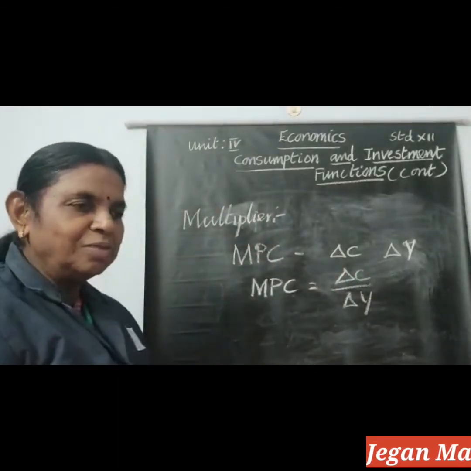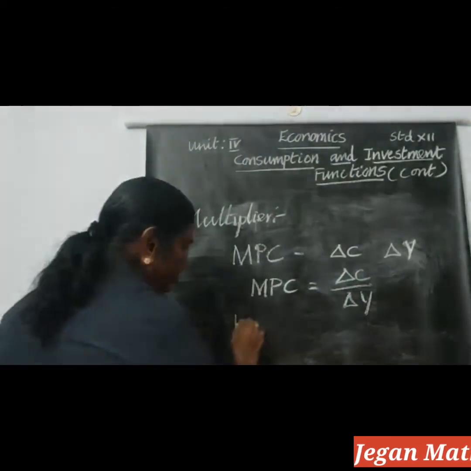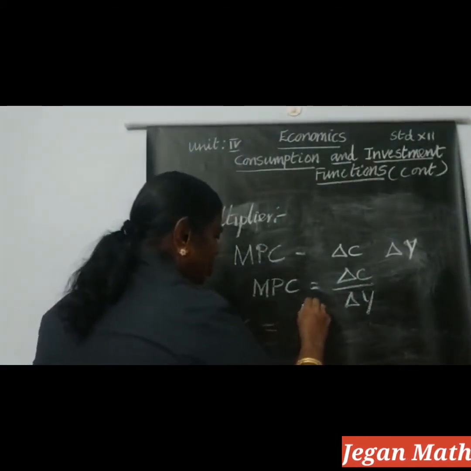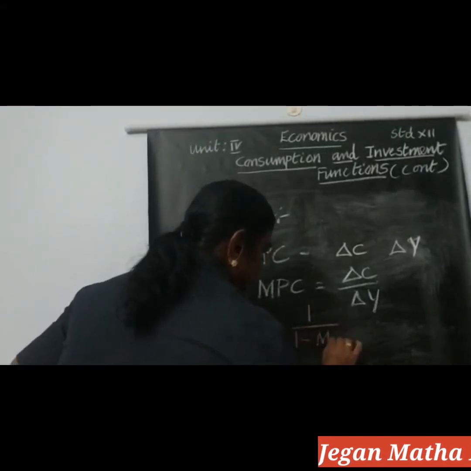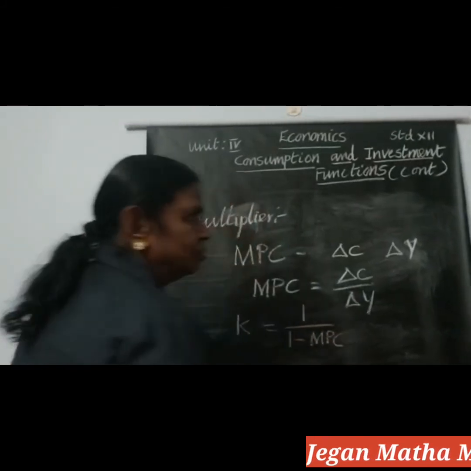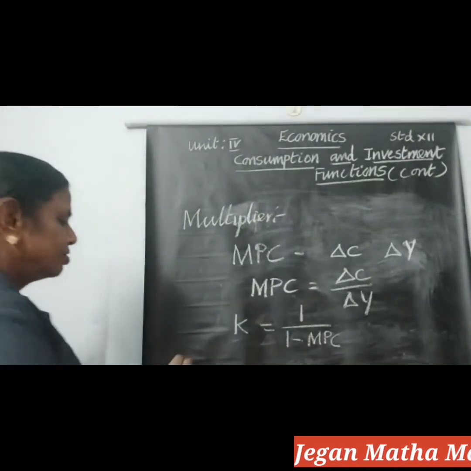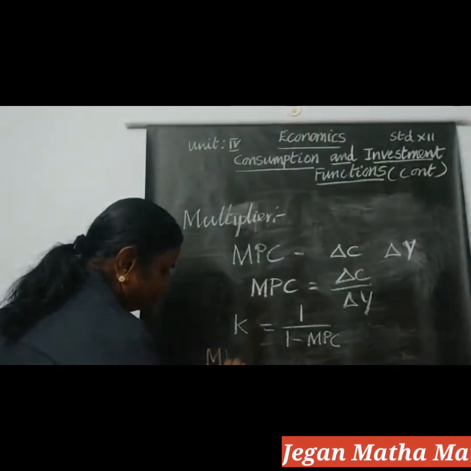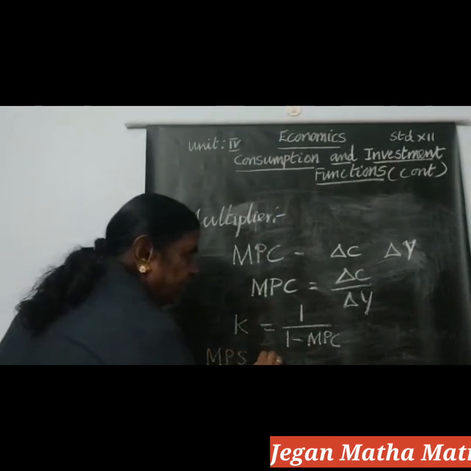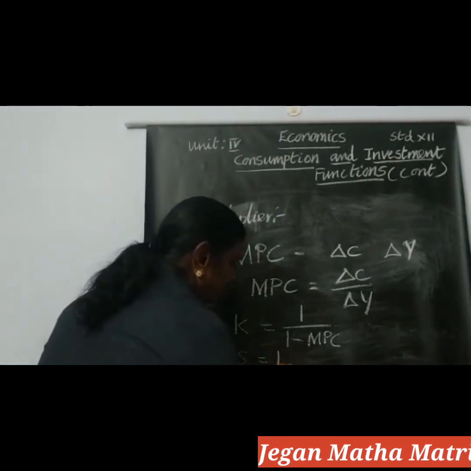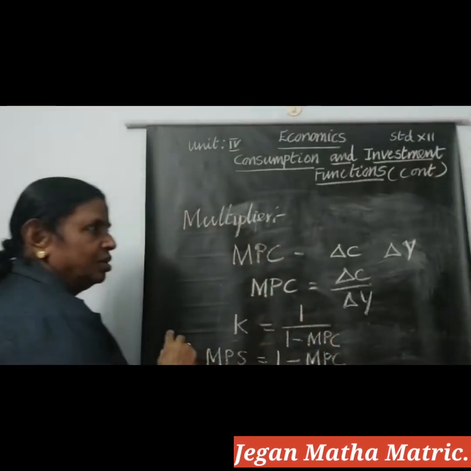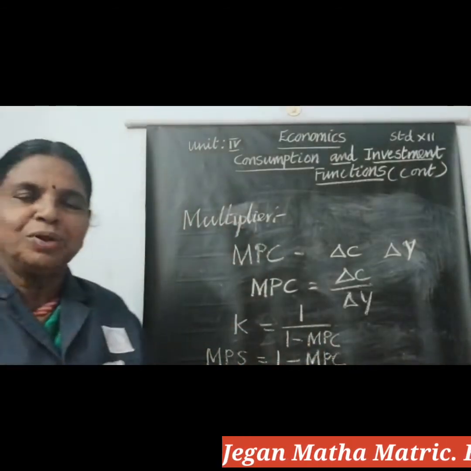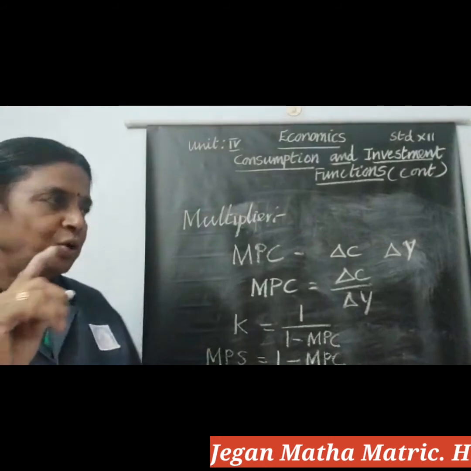Symbolically, the multiplier is K, so K is equal to 1 divided by 1 minus MPC. And remember that MPS, the marginal propensity to save, is equal to 1 minus MPC. So MPS plus MPC is equal to 1.